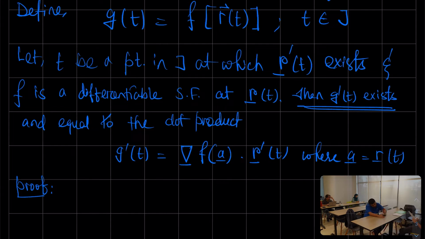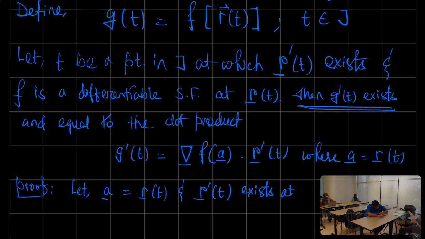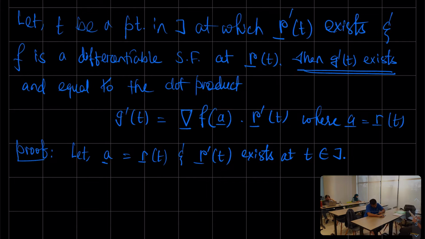So the reason for calling it A is that I'm going to construct a ball there, and that is going to vary for all the points on the solid. Let A be such that r(t) and r prime(t) exist at every point in the interval.